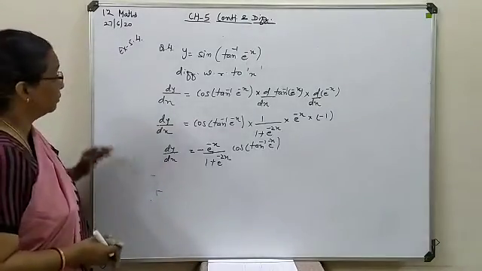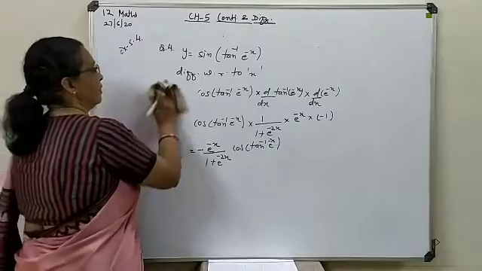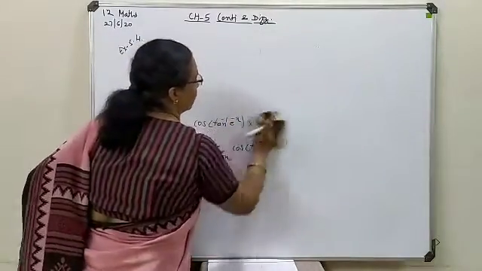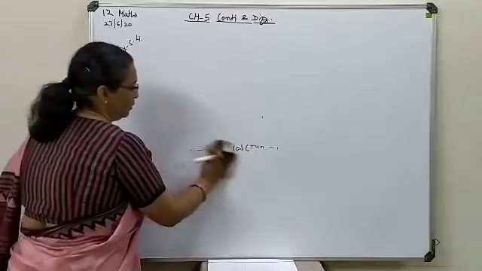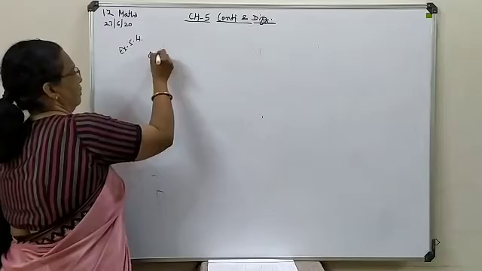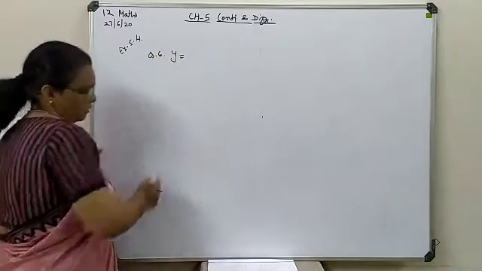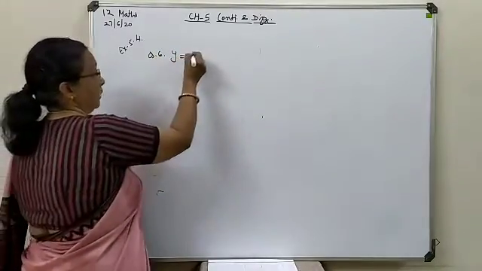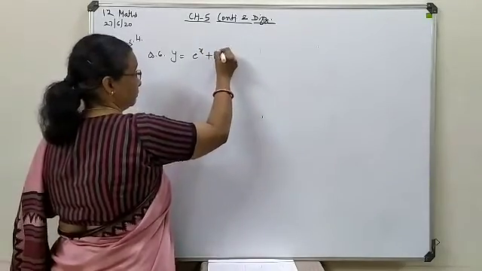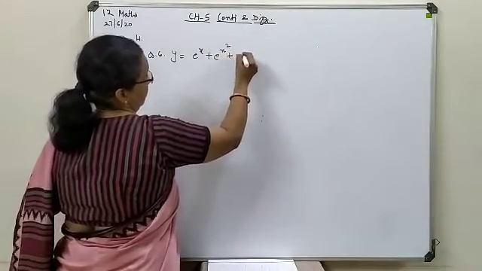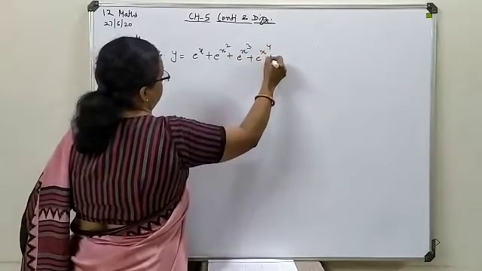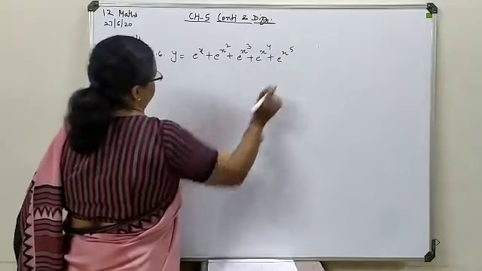Now we move to question number 6, in which we have a somewhat different combination in the exponent form. In 6.1, the question is e power x, e power x square, e power x cube, e power x4 and up to e power x5.